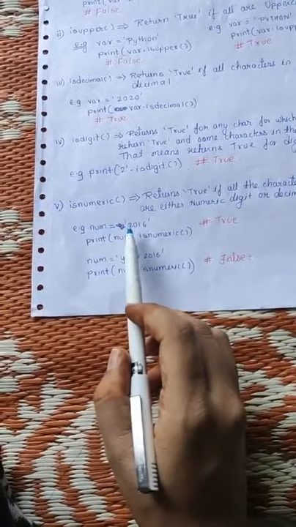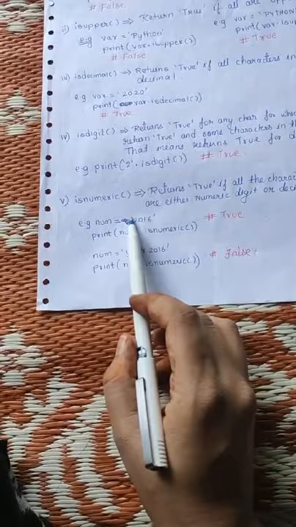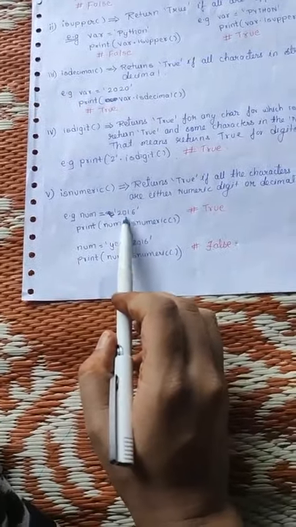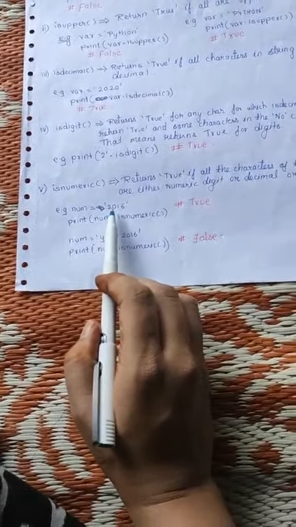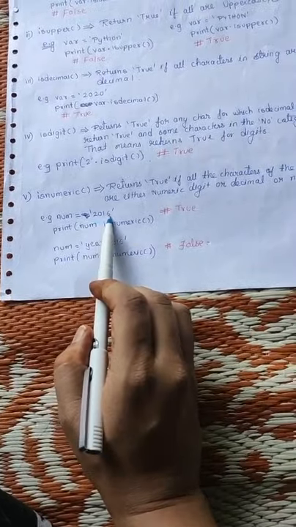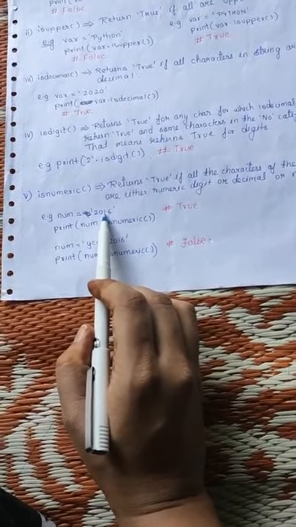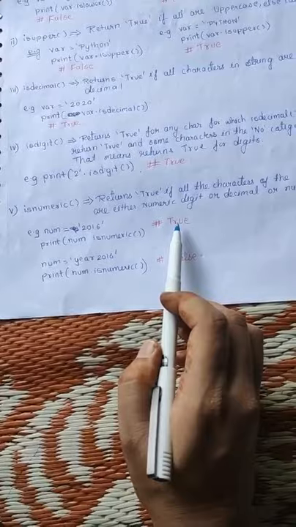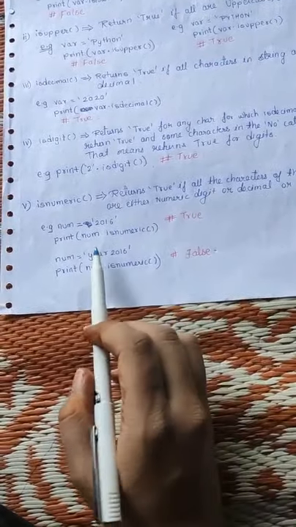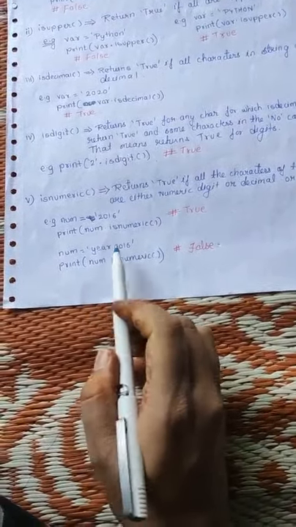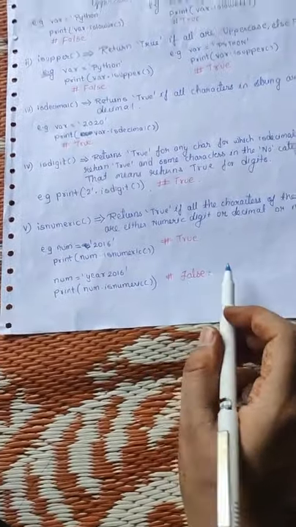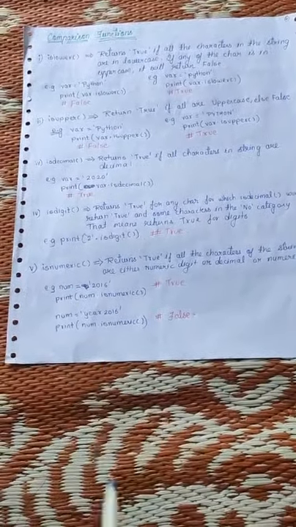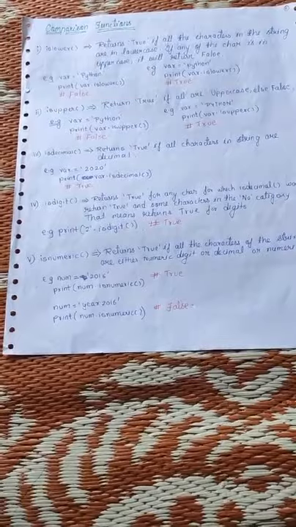Only when it has purely digits, any numeric digits, decimal numbers or exponential numbers, when all are of the same type, then it is going to give me true. When you include alphabets in it, it is going to give me false. So these are a few comparison functions which we use for strings.